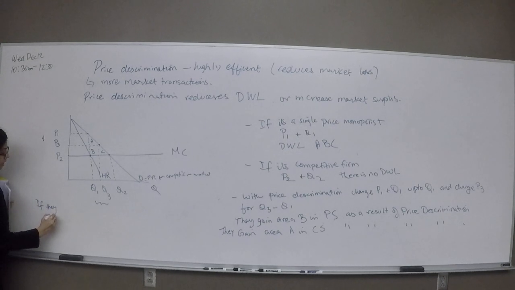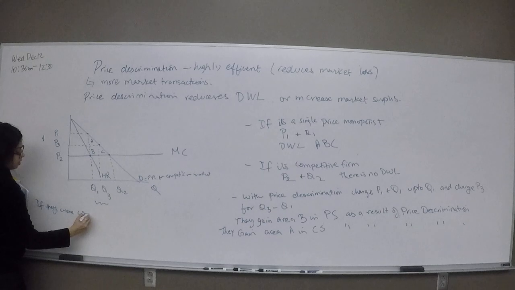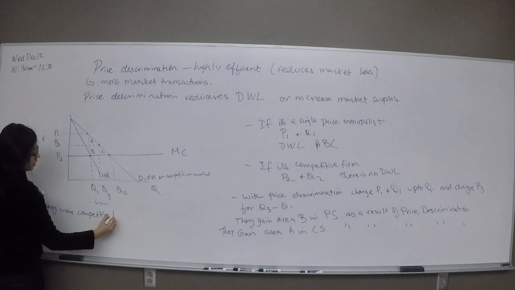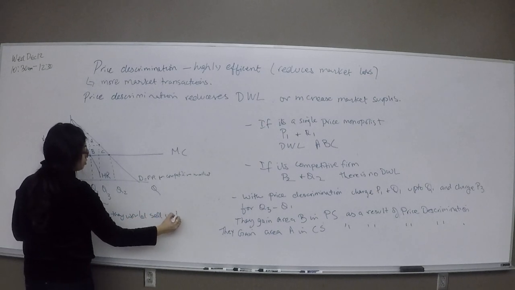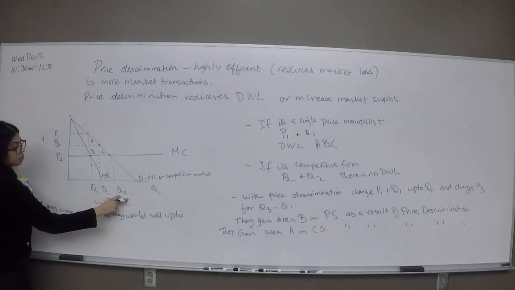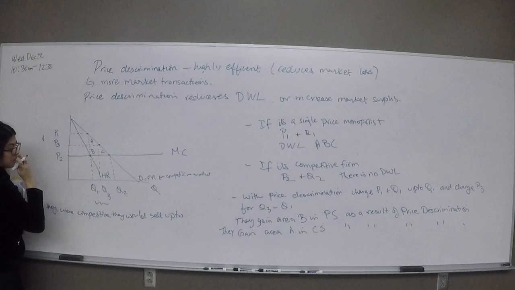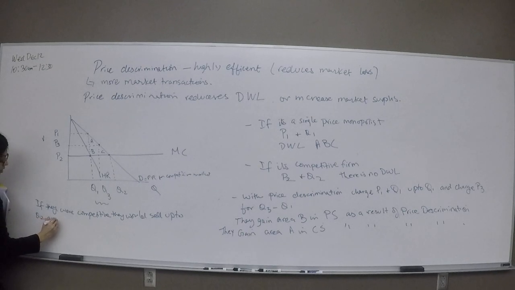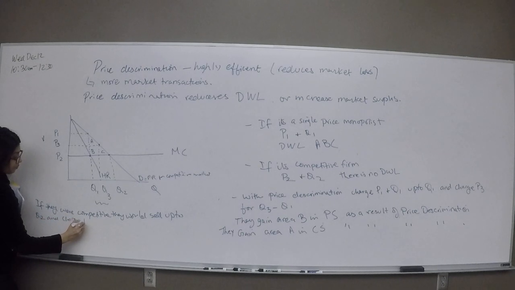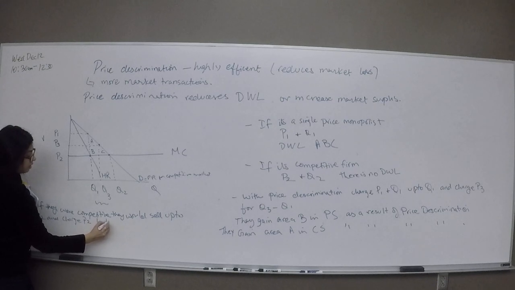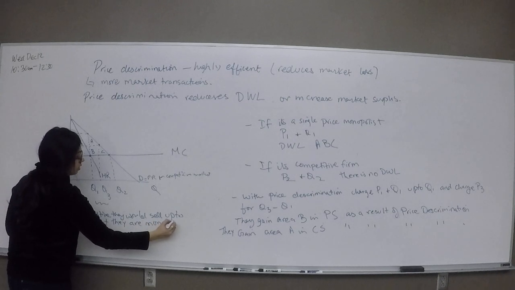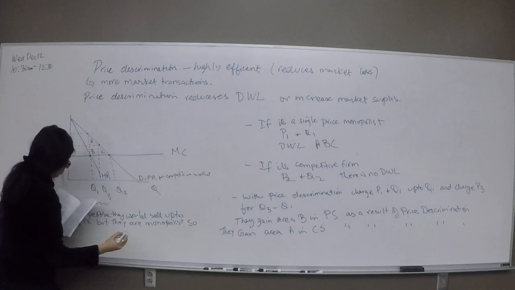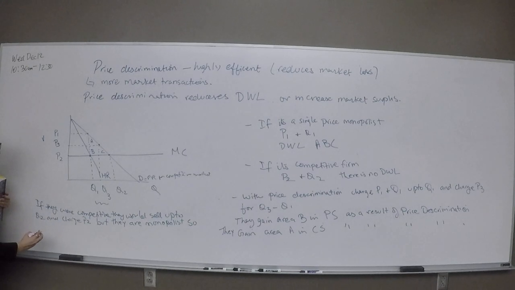If they were competitive, they would sell up to quantity 2. So they would sell this whole amount and charge P2, but they're not monopolists. So they sell up to Q3.